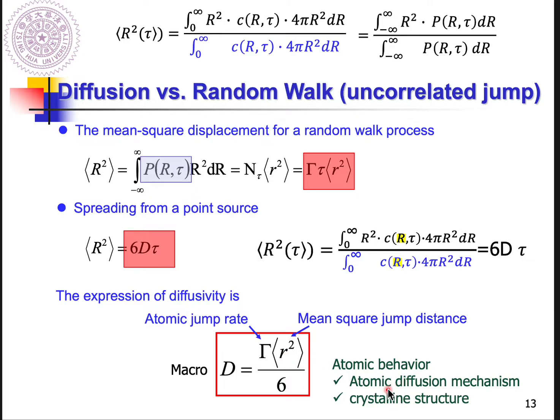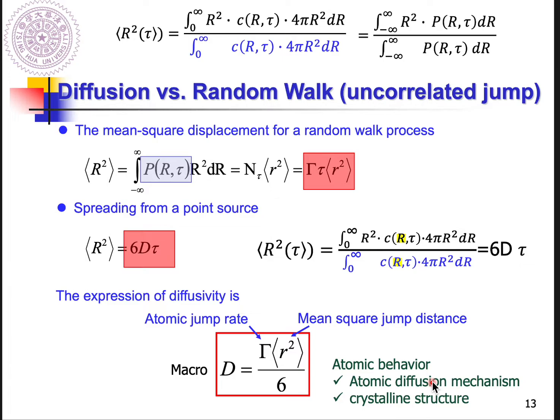And also the jump distance is related to the diffusion mechanism, because different diffusion mechanisms actually have different diffusion paths.